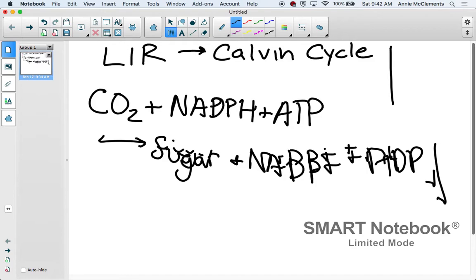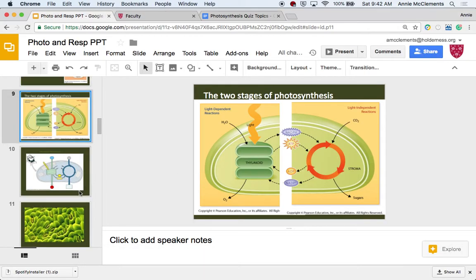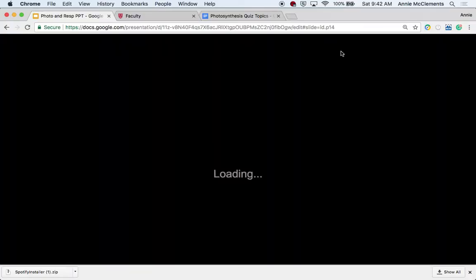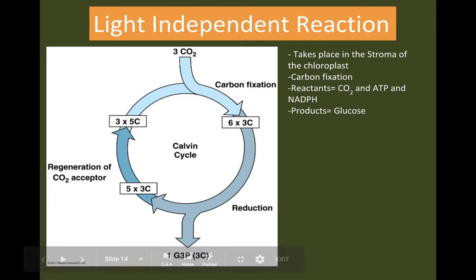Okay, so this is generally what we're looking at, and this happens in a cycle. Here we are, light-independent reactions. The reason it's called the Calvin cycle is that the ends in some way feed back to the beginning, so that it can restart again.